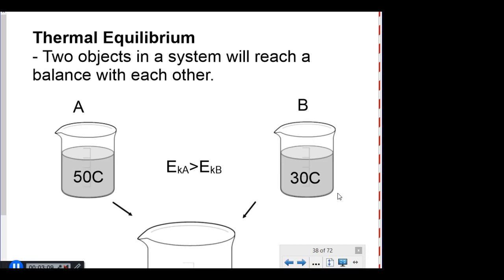If I were to add the water from these two beakers into a third beaker, what would their final temperature be? So if I poured beaker A and beaker B together, and mixed the water together, what do you think the final temperature would be?